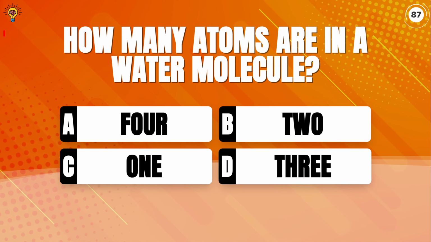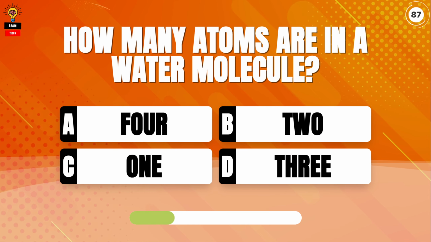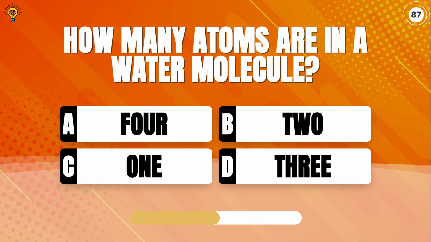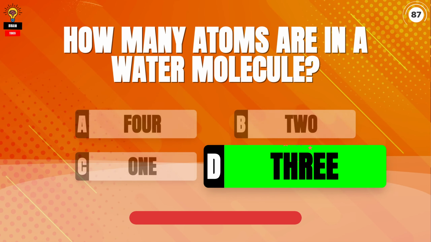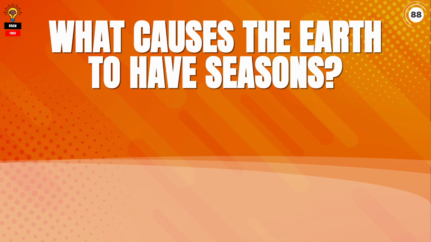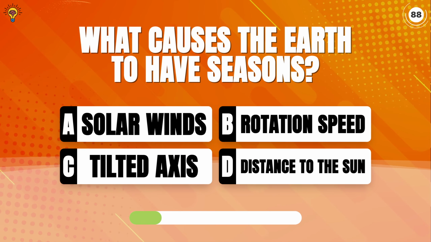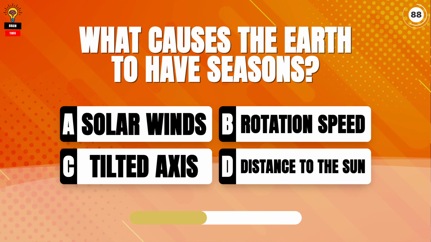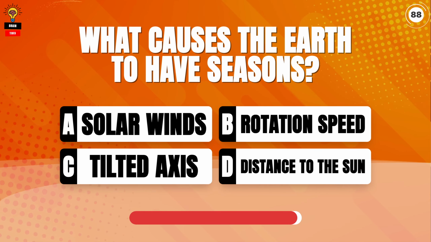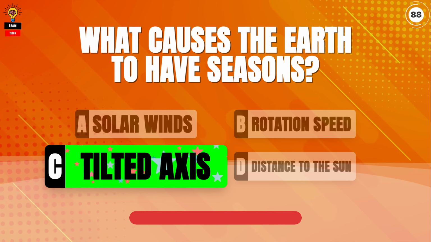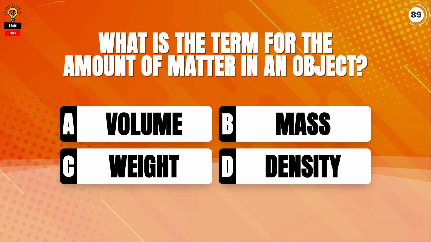How many atoms are in a water molecule? Three. What causes the Earth to have seasons? Tilted axis. What is the term for the amount of matter in an object?